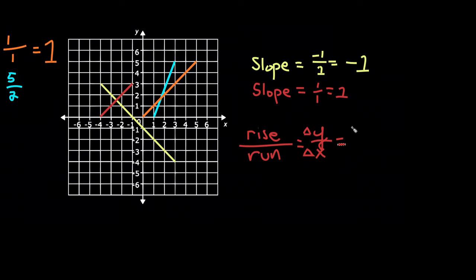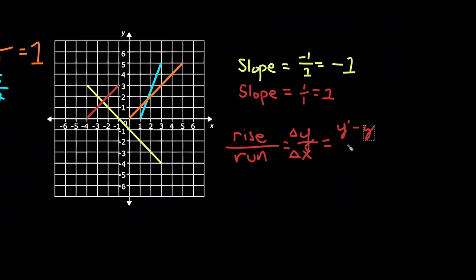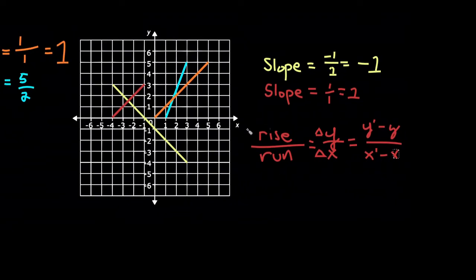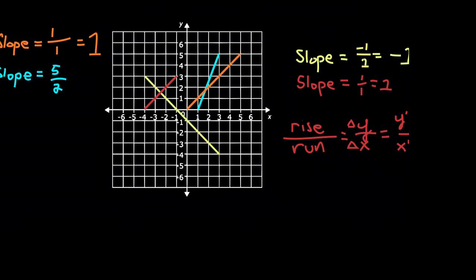Or you could say y prime minus y over x prime minus x, or some variant of that. There's 100 different ways of representing it. It's math, so the symbols are of human choosing, but the concept is always the same, that it's the change in the y-axis over the change in the x-axis. That's what our slope is.